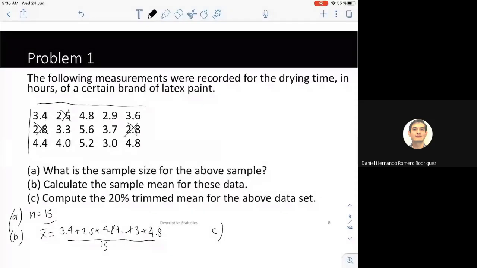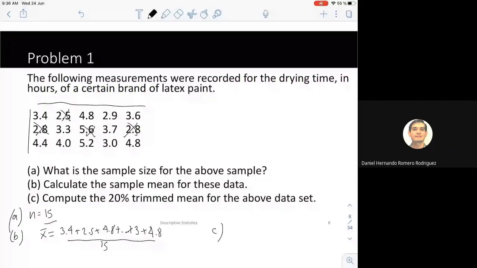Now we have to trim on the upper side the 3 largest values. Let's first find the maximum value in our data set. That will be the 5.6. Then what is the second largest value? That will be the 5.2. And we need to trim one more, remember, 20% below and 20% above.